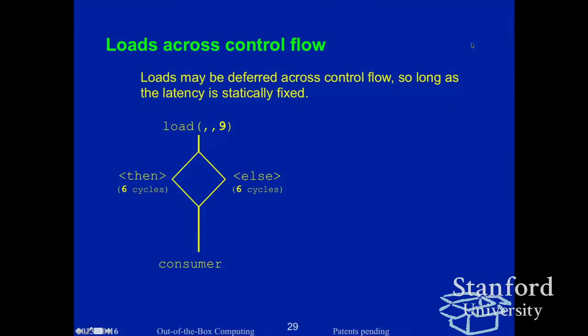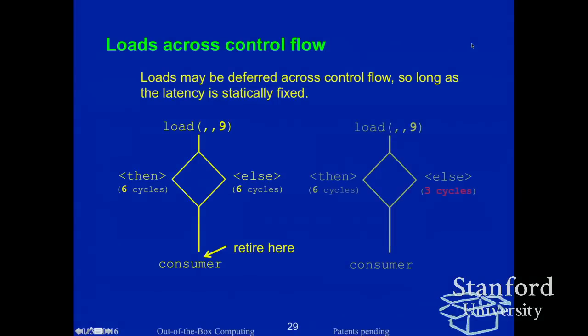We're counting the number of instructions issued, and we'll get the retire 9 cycles after the load was issued. If, on the other hand, the then and the else have 2 different timings, 6 versus 3, for example, if we go down the 6 side, we'll retire there. But if we go down the 3 side, we would retire there. That's not going to work.